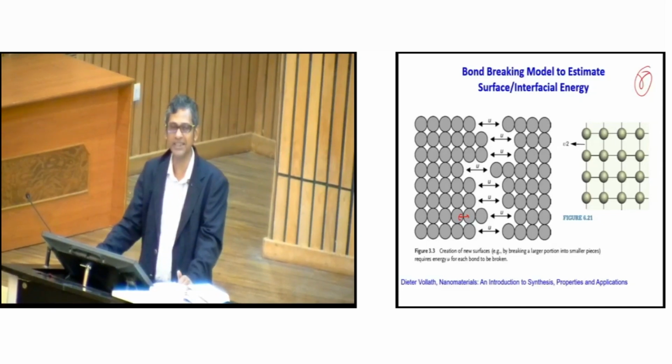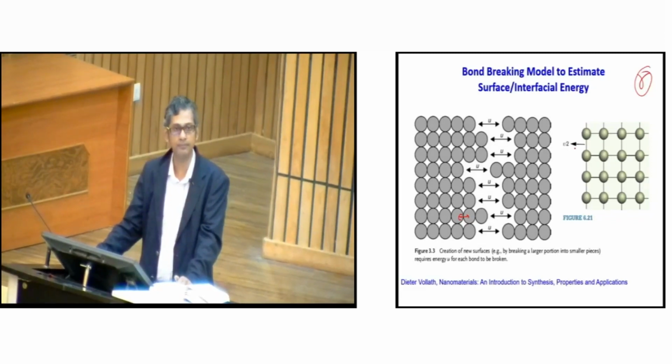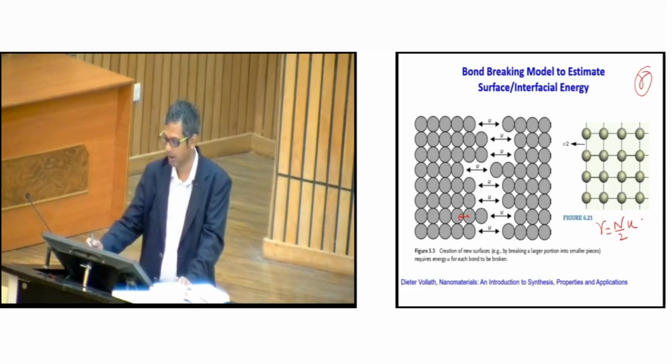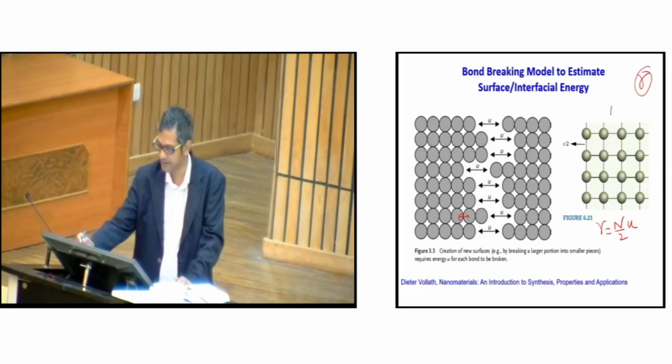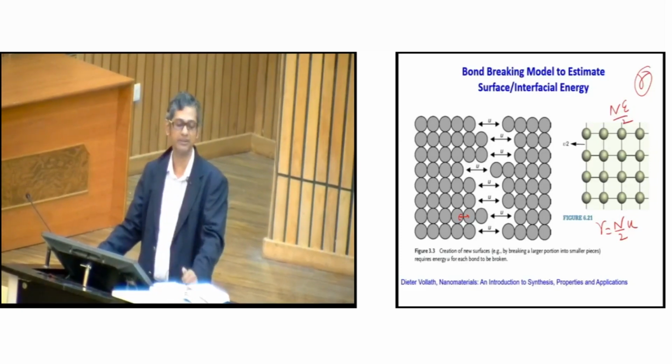So, by spending energy U, you are creating two surface atoms. That means the per atom energy is U by 2. That is why I have written epsilon by 2 here. Therefore, if I have 1 mole, the surface energy is simply N by 2 into U, or in other terms N epsilon by 2. That is surface energy in a very simplistic form.